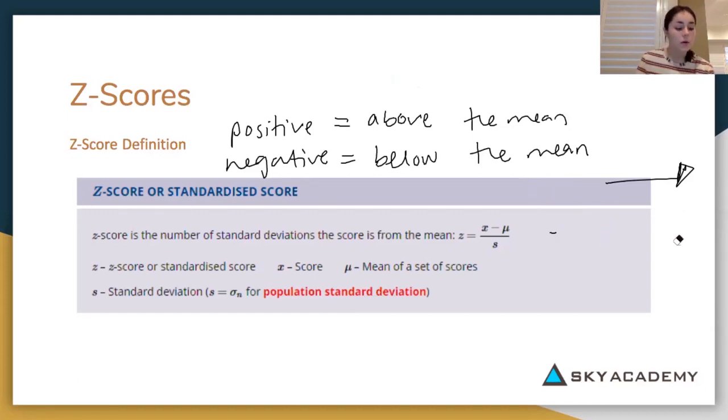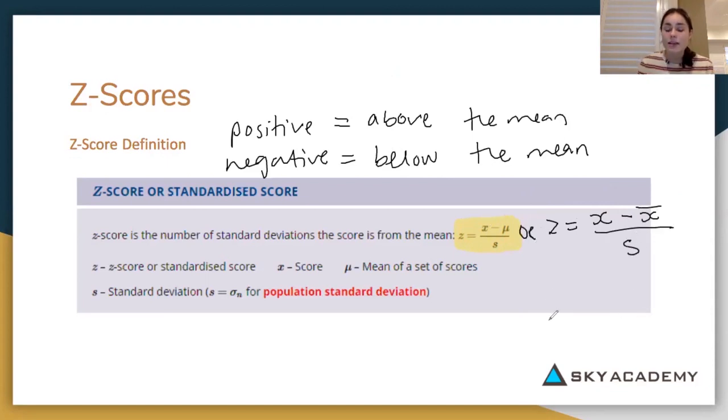A Z-score can be calculated using this formula. It's an important formula to know. It is on your reference sheet, but you may have seen it look like Z equals X minus the mean of X over S. These are interchangeable ways to write it.